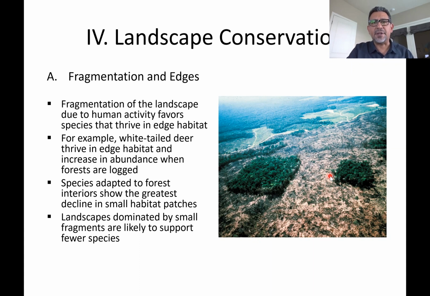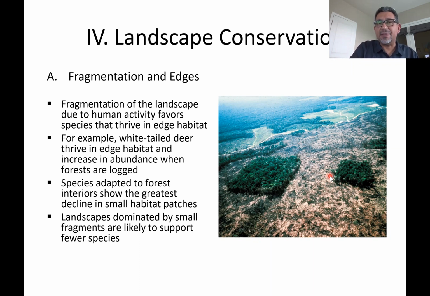Similarly, I have studied species in grassland, and by now you probably realize your professor likes grassland, and that's because that's what I did most of my research on. When you look at grassland species, many times grassland is going to be at the edges of forests or at the edges of scrub land or shrubs.